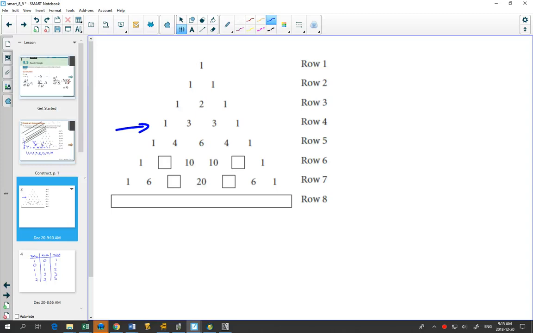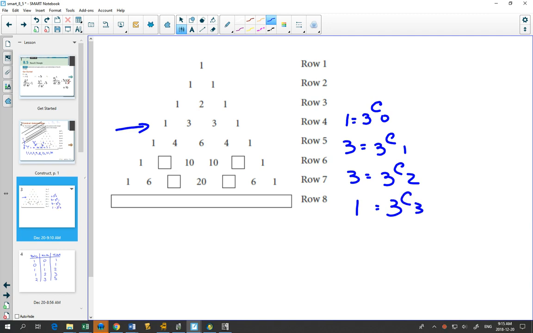I have 1, which happens to be equal to 3 choose 0. 3 happens to be equal to 3 choose 1. 3 is equal to 3 choose 2, and 1 is equal to 3 choose 3.